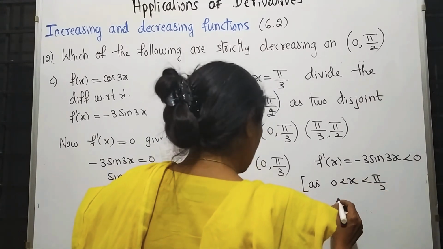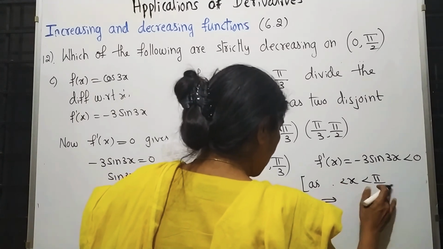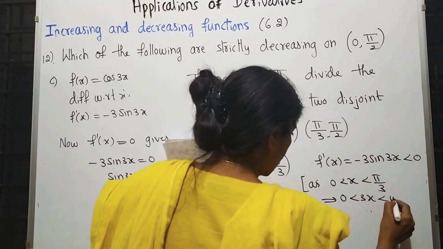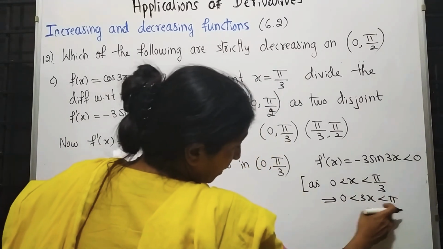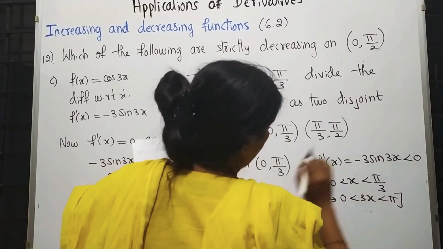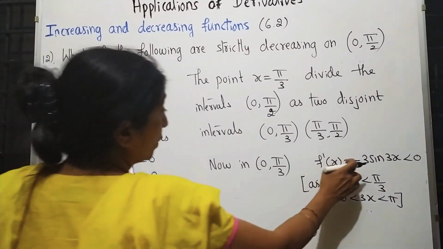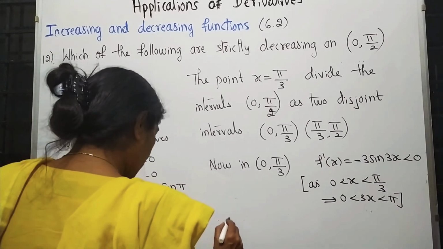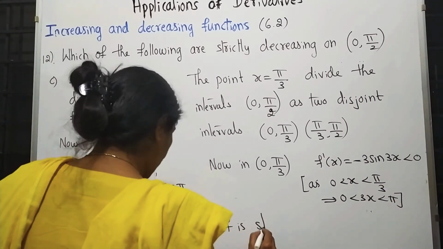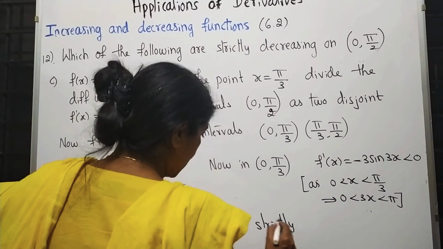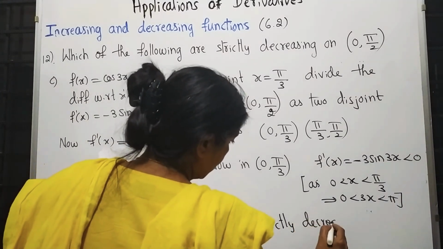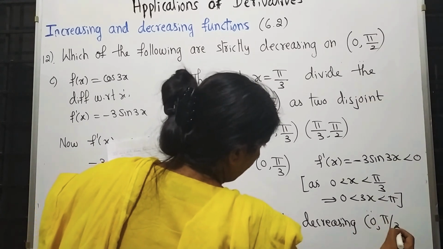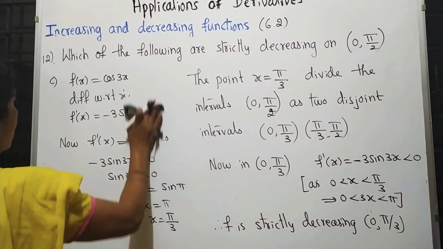It is lying between 0 to pi, sorry, 0 to pi. You know that this is in first and second quadrant, sin is positive, the total answer is negative because of this minus sign. Therefore, f is strictly decreasing in 0 to pi by 3. One more interval is there, pi by 3 to pi by 2.